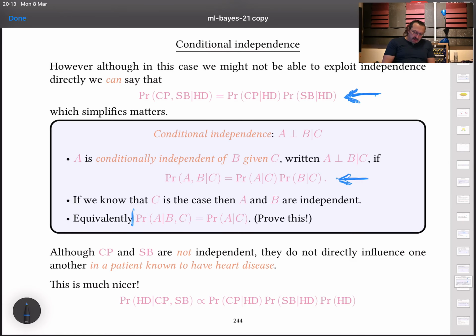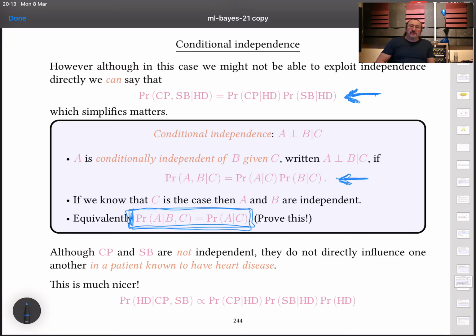Equivalently, A is conditionally independent of B given C if this holds. So the probability of A given that you know B and C is just the probability of A given C. The presence of B there doesn't really change anything for you, so you can just drop it.